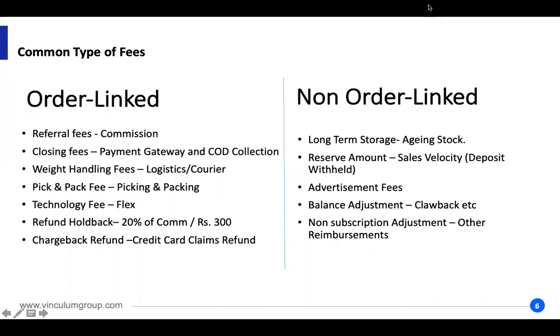Essentially, there are three or probably four categories of a product which you list on Amazon, starting from small, standard, oversized, and bulky. Pick and pack fees also vary for each of these classifications.